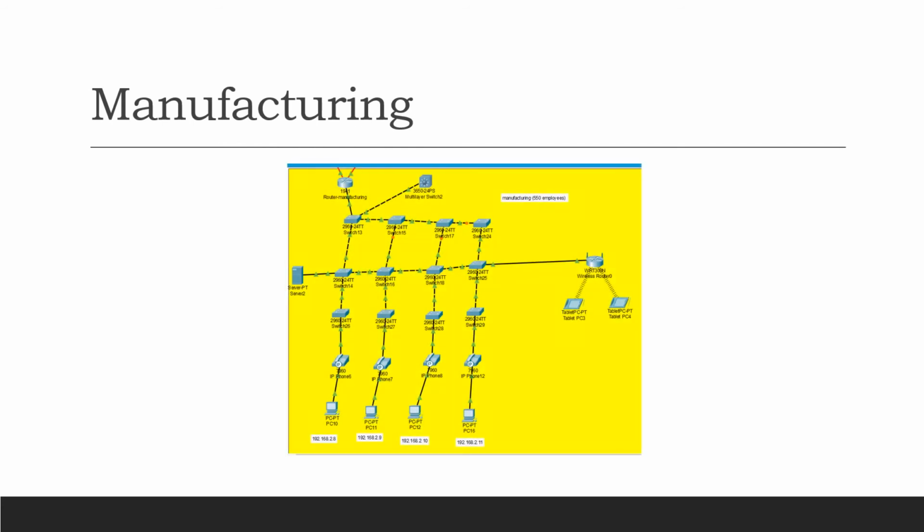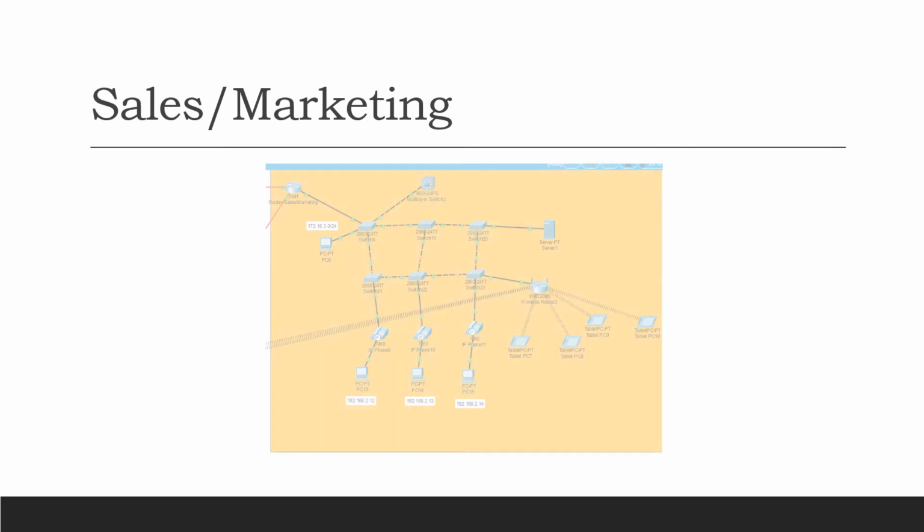And manufacturing is also there, and there are about 12 switches there. Maybe it needs more of them because this one can't support a lot. And there are about 550 employees, and it also goes with the routers just for connecting with the wireless devices, and the IP phones and PCs to go together and to work.